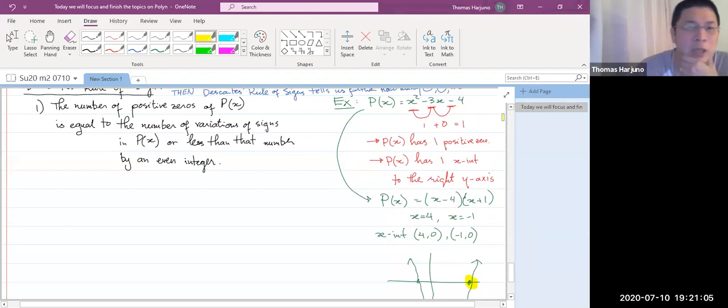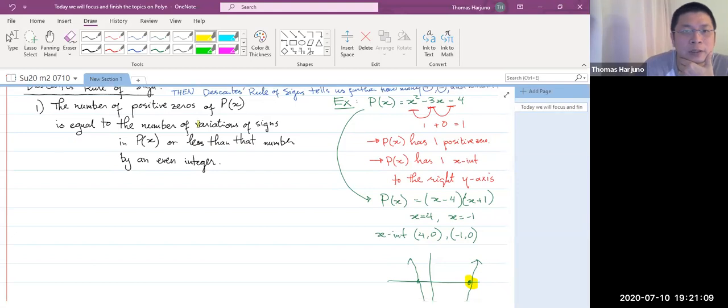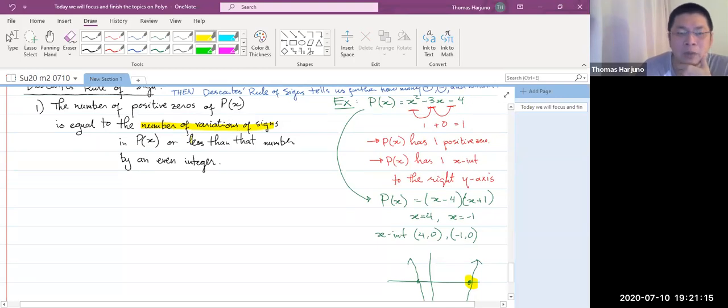Now, the thing is, it also has this saying that either it is equal to the number of variations, or that number subtracted by an even number. So let's say you get 4 variations.